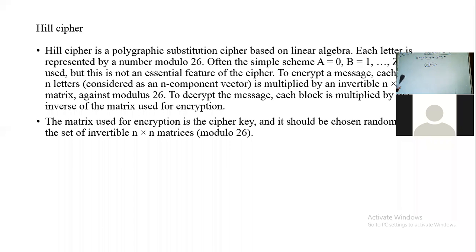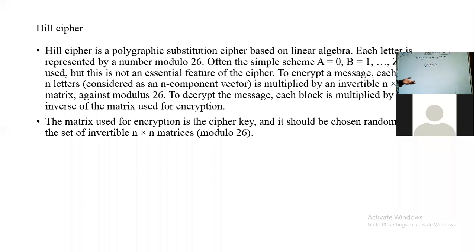In this we convert the key into matrix form, and also the plain text into matrix form. Firstly, we have to convert the key into matrix form. It may be a 2 by 2 matrix, or it may be a 3 by 3 matrix.